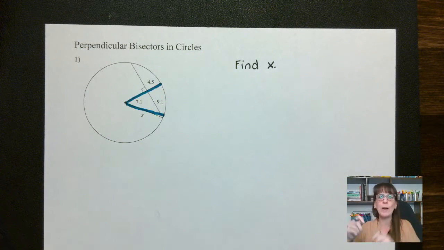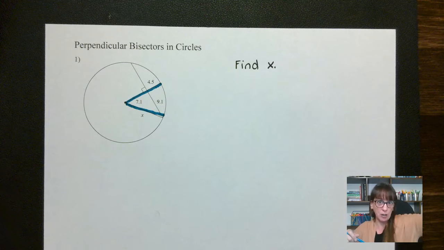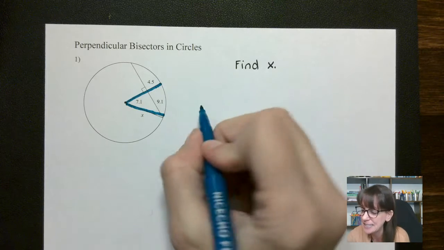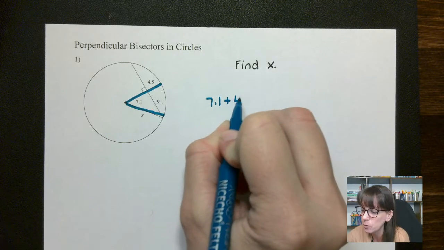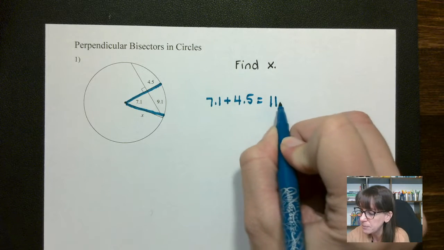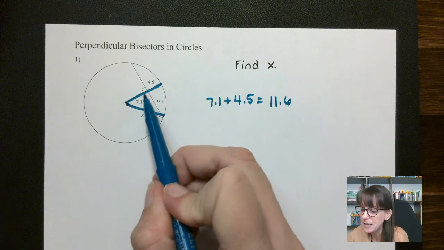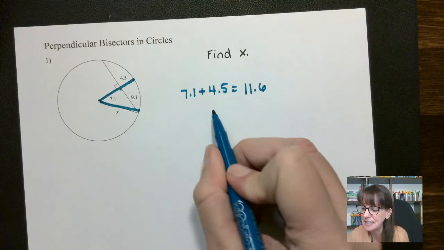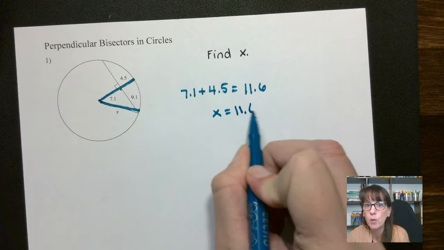No matter where it is on the circle, if it's a radius, if it goes from the center outward, then they're equal. So this radius right here is 7.1 plus 4.5. If I add those together, I end up with 11.6, which means x equals 11.6.